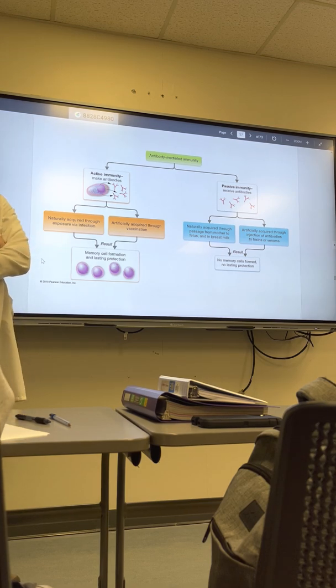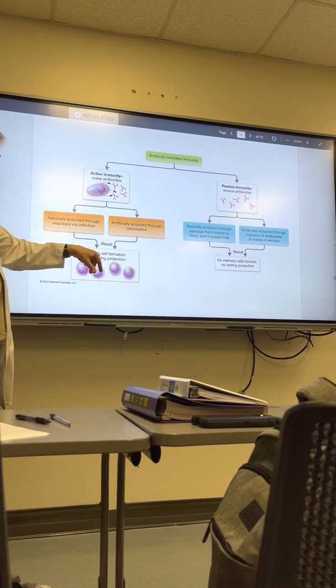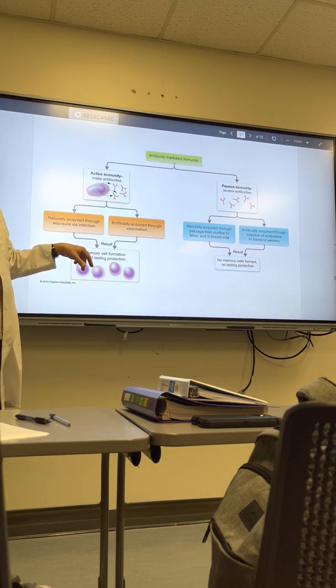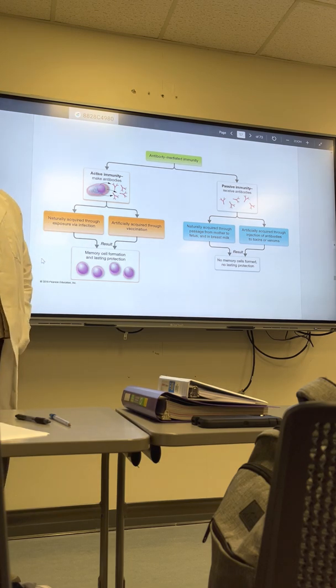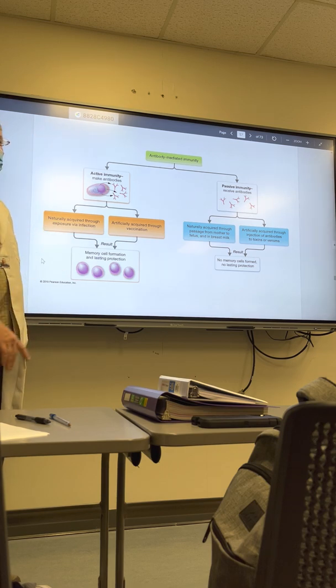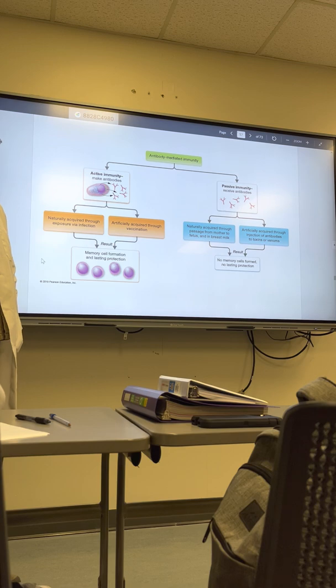That's the hallmark of active immunity, is that you develop your own memory cells because you have been exposed to an antigen. And they've gone through all of those steps that we've talked about in order to get full activation to develop memory cells. It is the memory cells that will provide protection.